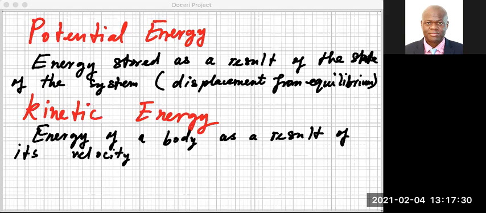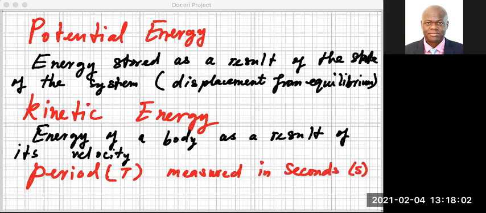Okay, so more terms. We have period, and the period here is the time. It's commonly denoted by T and measured in seconds.